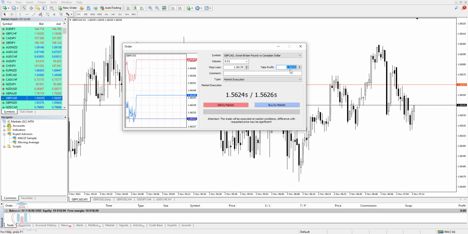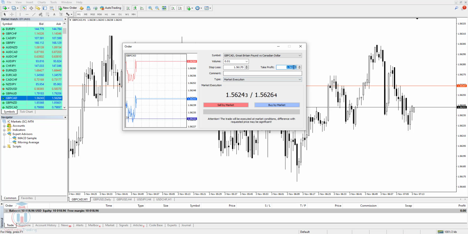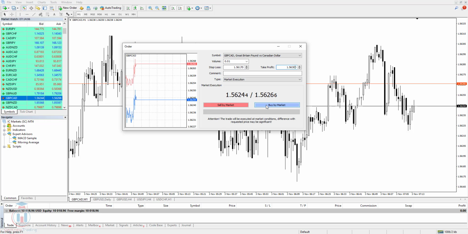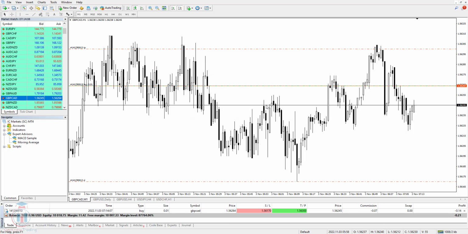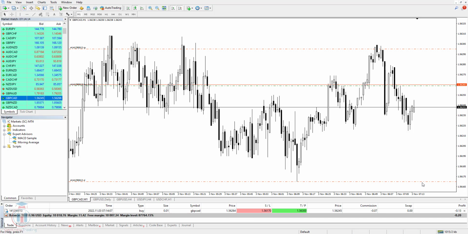So I need to put something above this ask price, which is, for example, 1.5630. So when I click the buy market, I will open a new order. You can see it here. Now you can see that the take profit is above and the stop loss is below.